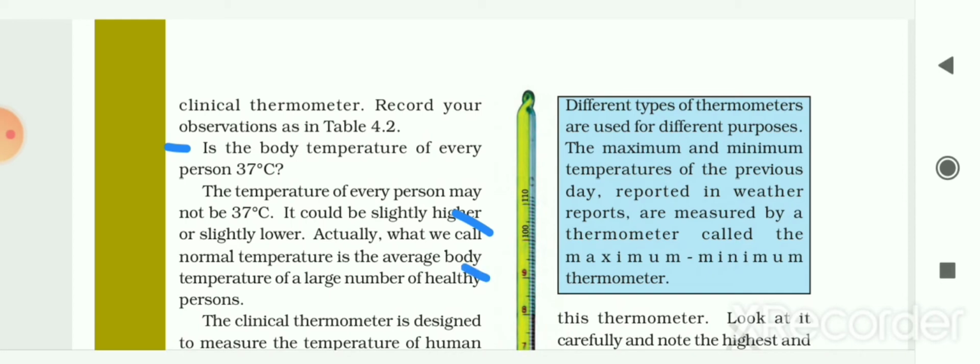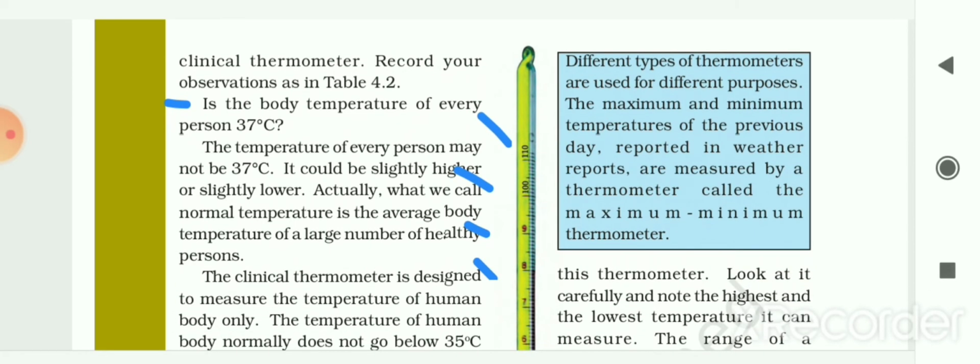So this 9, 8 is not 98 but 90, 80, 70. There is a difference of 10 degrees Celsius between two bigger marks. And the last measurement, or last range, is 110 degrees Celsius.